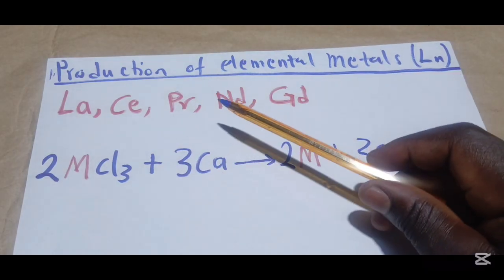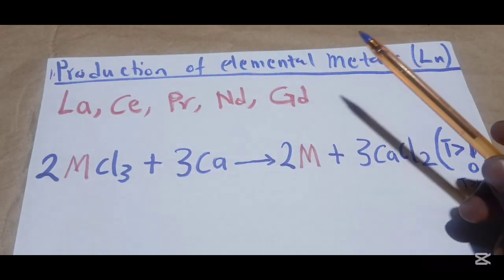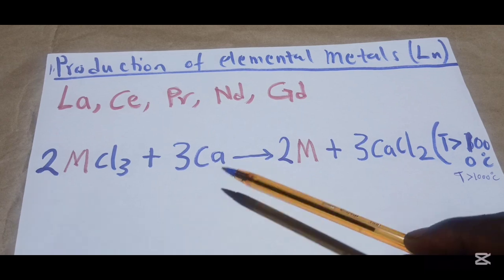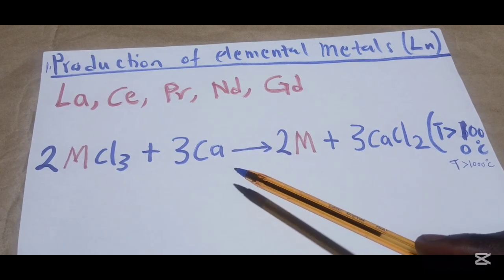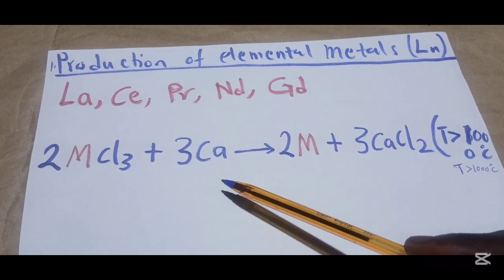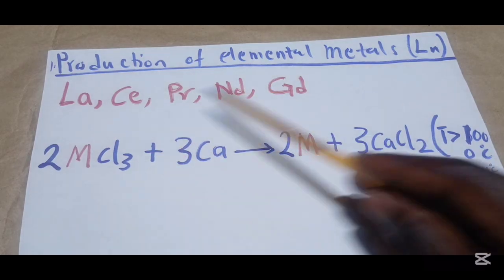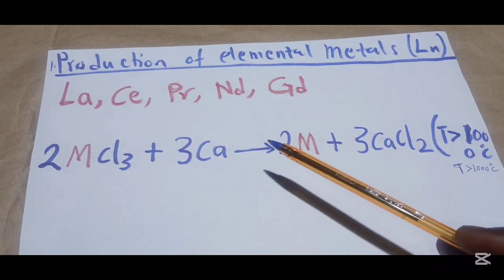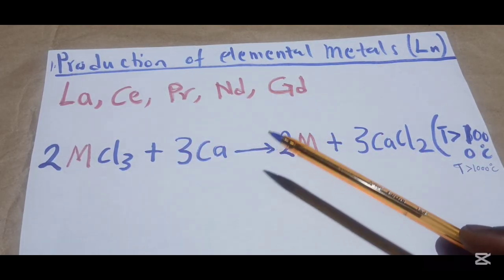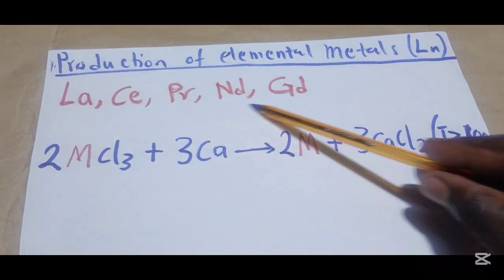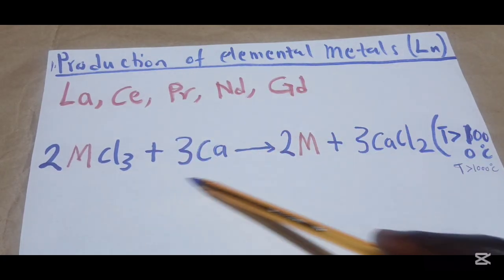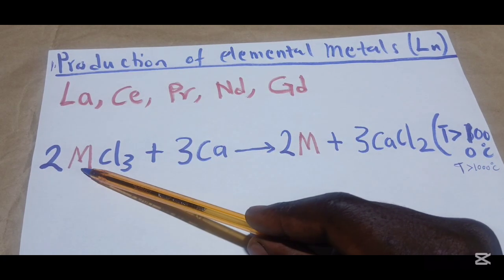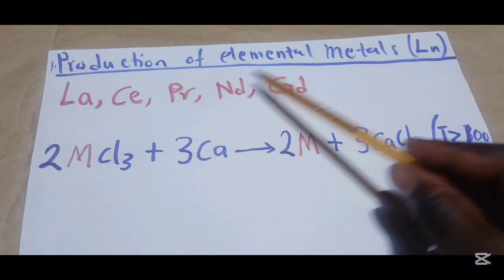For La, Ce, Pr, Nd, Gd, this is the equation that you can use to produce them. In your exams, your professor might bring a couple of those elements and ask you to show how they are produced elementally. So as far as one of these elements is involved, you should use this equation, replacing M with the given element.